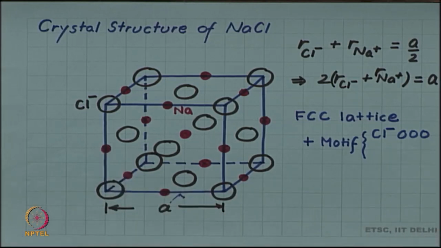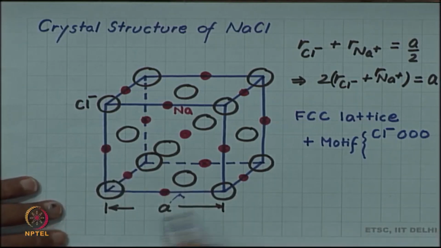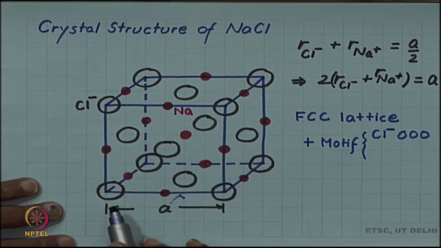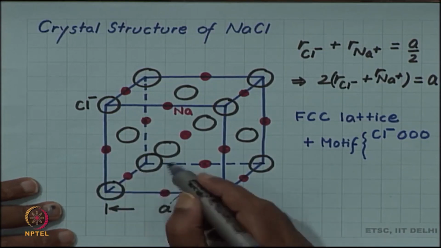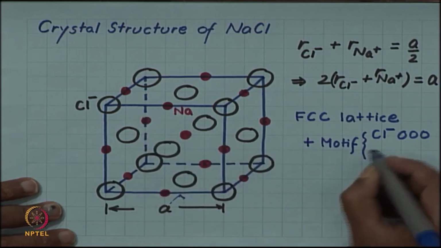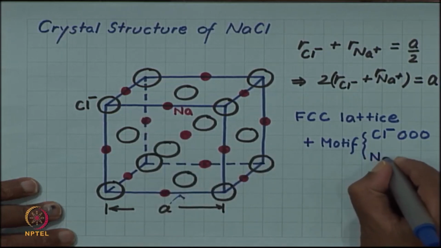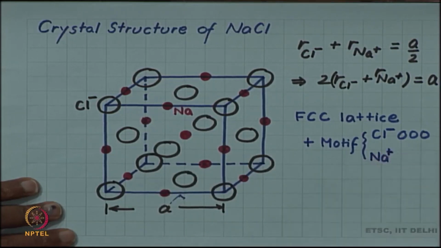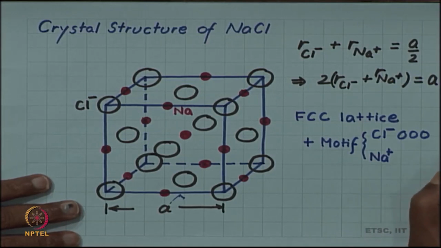So, we have the chloride ions, but this will not give me the sodium chloride structure. I need sodium also. So, I have to take one sodium ion also in the motif, and this will then complete the motif.